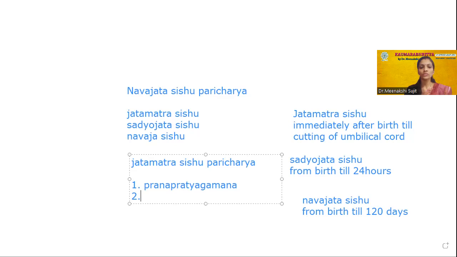In the first golden minute, we are going to make the baby survive with normal respiration and cardiovascular system. So detailed explanation you can see in the 4th point of part A, that is the last video. And I even showed the practical session of this Pranapratyagamana neonatal resuscitation also, you can go through. The next is Ulbashodana.